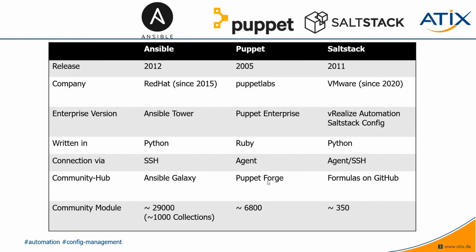And then we have SaltStack, and SaltStack is maybe the least known of those 3. SaltStack was acquired by VMware last year. So this means that everyone who used SaltStack Enterprise before now has to switch to a VMware subscription, and VMware integrated SaltStack, so the enterprise SaltStack, into vRealize.